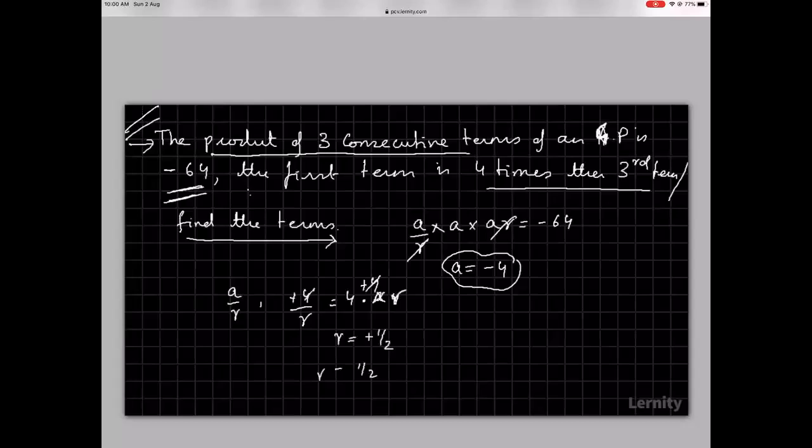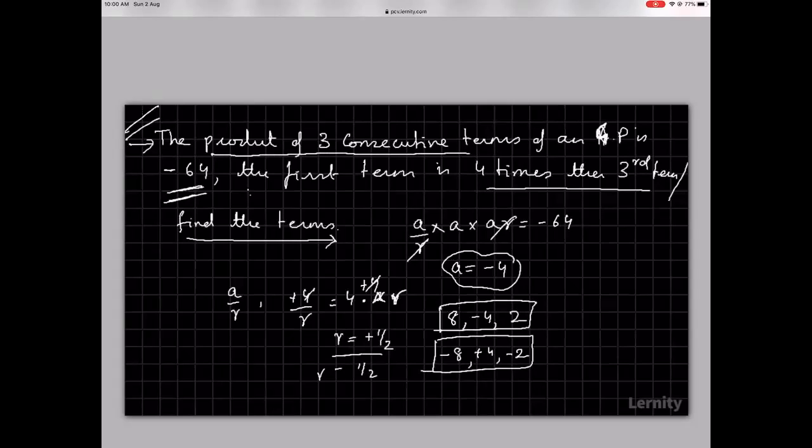So if R is equal to +½, your numbers are 8, -4 and 2. If R is equal to -½, your numbers are -8, +4 and -2. Okay, I'm making some error. A is -4.